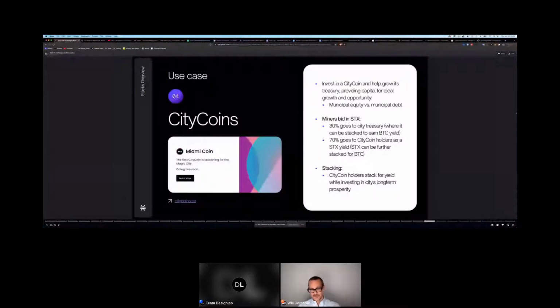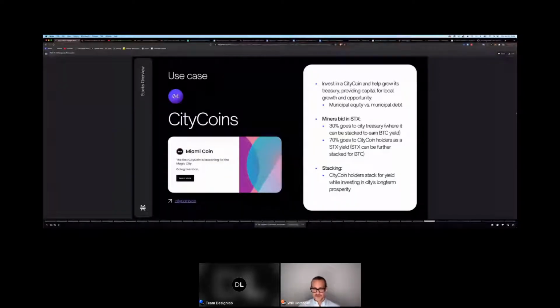There are a series of CityCoins that have already launched. There's MiamiCoin, NYCCoin. I think they're getting close to launching Austin Coin and Philadelphia Coin, and several others in the talks. What happens is this is all community driven, and the community will decide, hey, we feel like there's a good opportunity to get really great buy-in from the mayor or city council in this particular city.